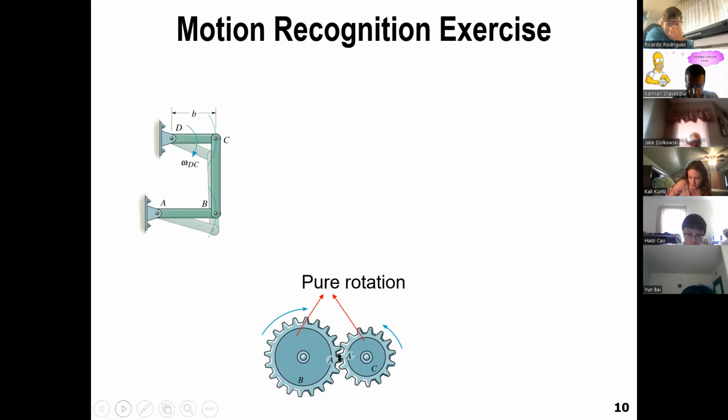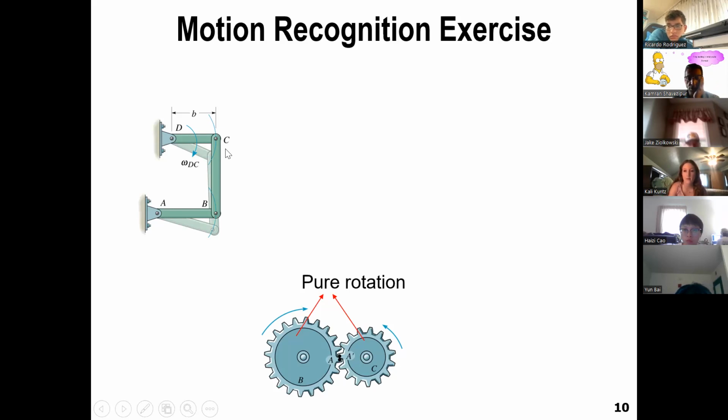How about this mechanism? Jake B, tell me what kind of motions you see here. We don't hear you. I think we still don't hear you.